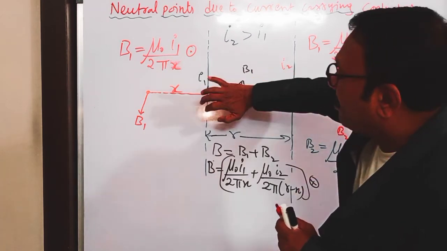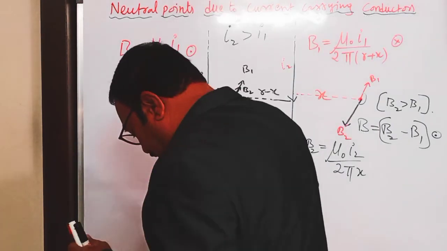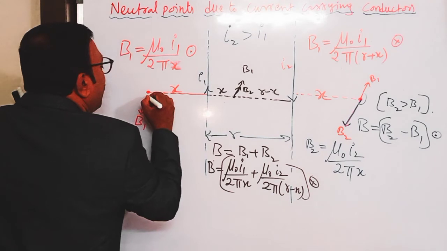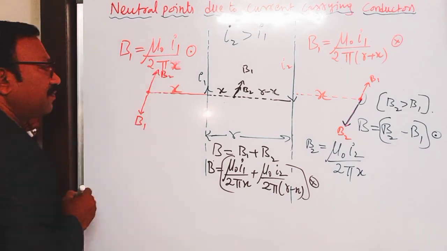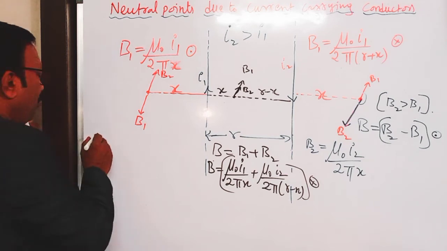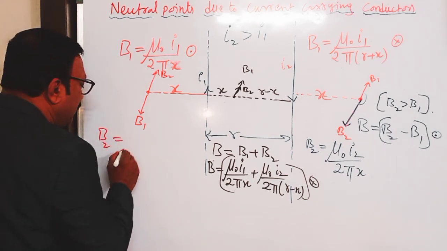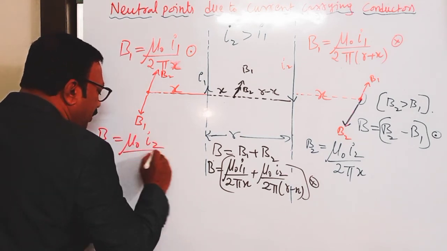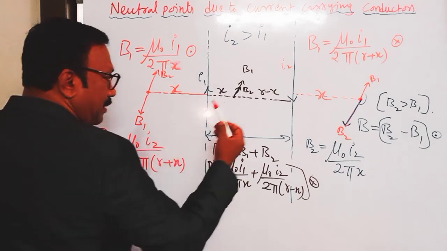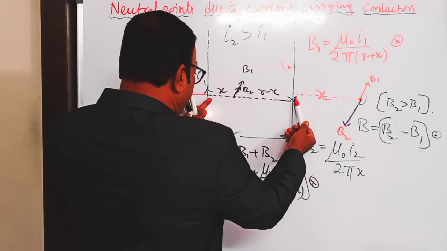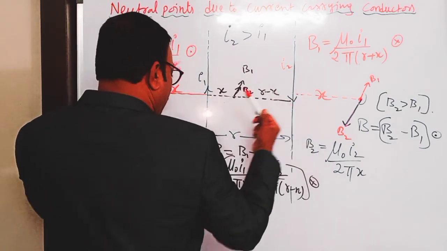Inward, inward, inward, inward, inward. So I am getting B2 as an inward field. How much is this B2 now? B2 is equal to mu naught I2 by 2 pi (R plus x). This is R plus x, the total distance from the second conductor.